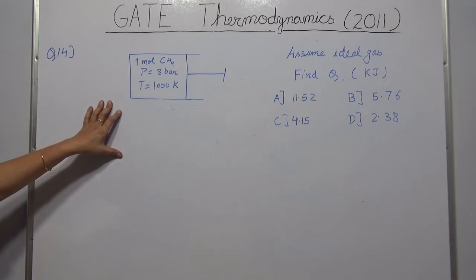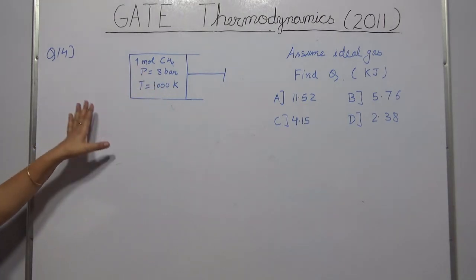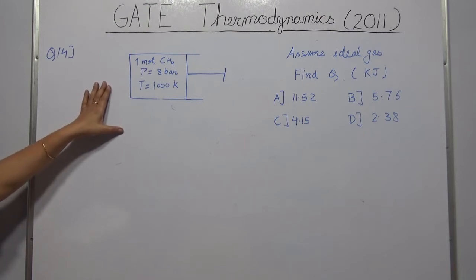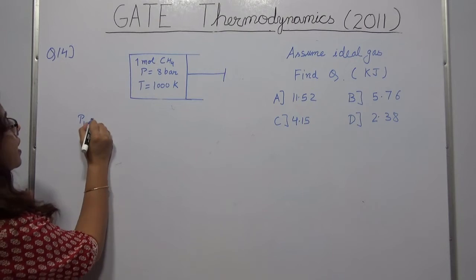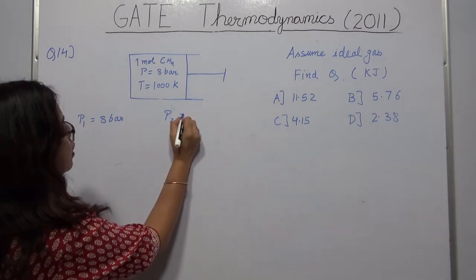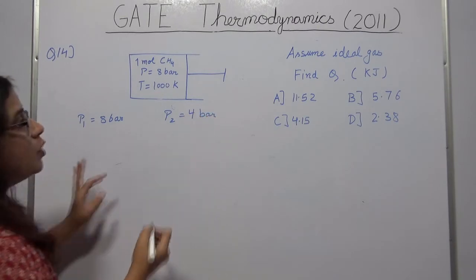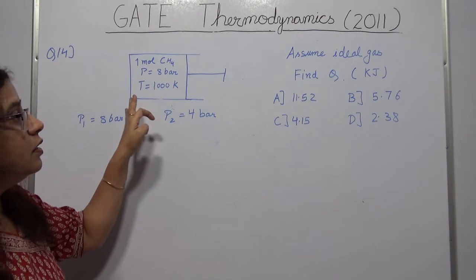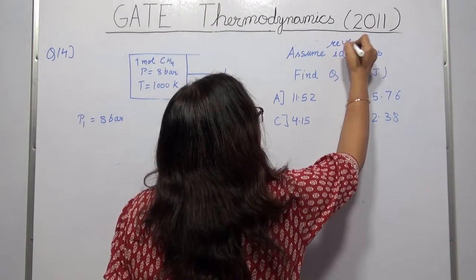Methane can be considered as an ideal gas, and you have to find out the heat transferred in kilojoules. So your initial pressure is 8 bars and your final pressure is 4 bars. You have to assume that this process is reversible.